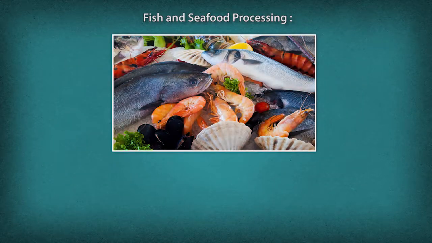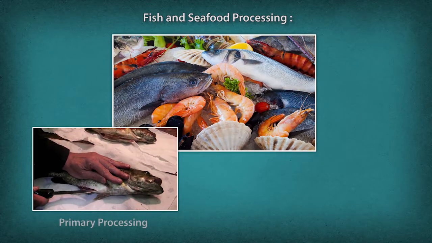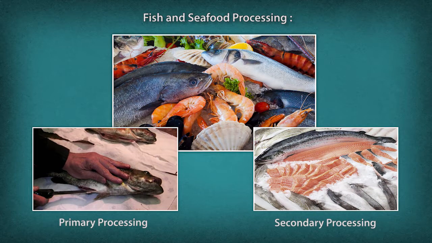Fish and seafood processing consists of primary processing, which is the first methodical assessment of the fish before processing, and secondary processing, which includes processes at any stage beyond primary processing.